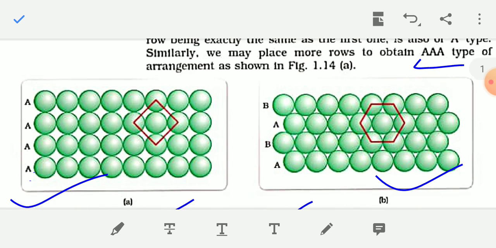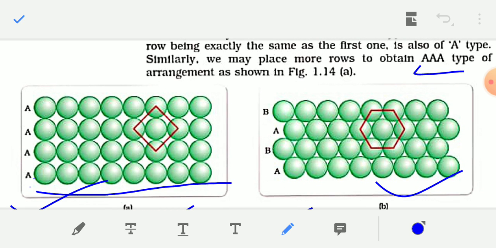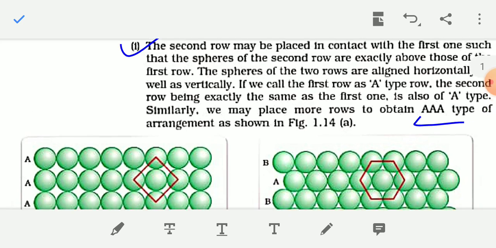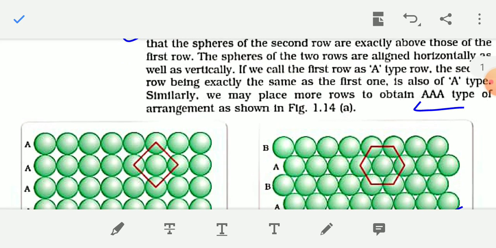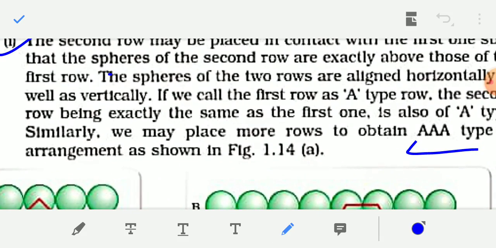It is clear from this figure. The spheres of the second row are exactly above those of the spheres of the first row.